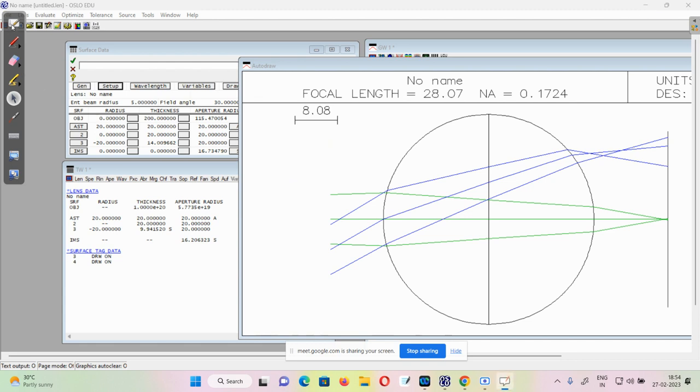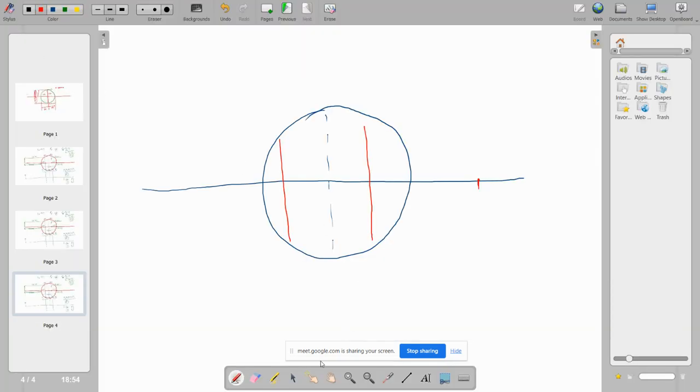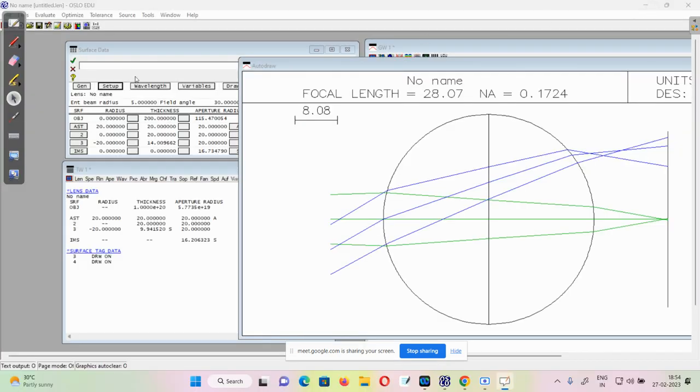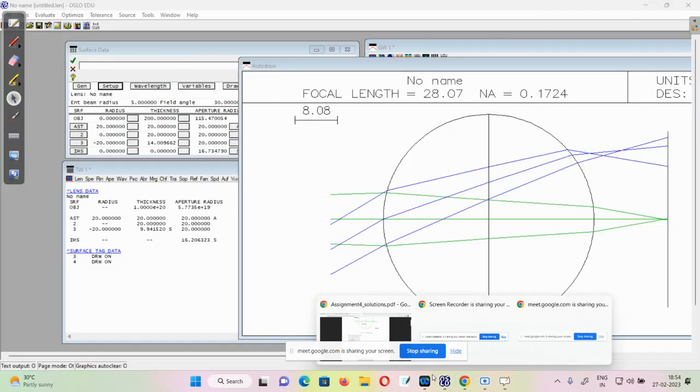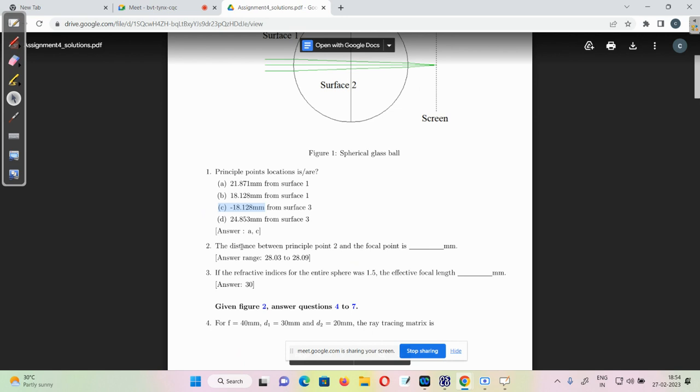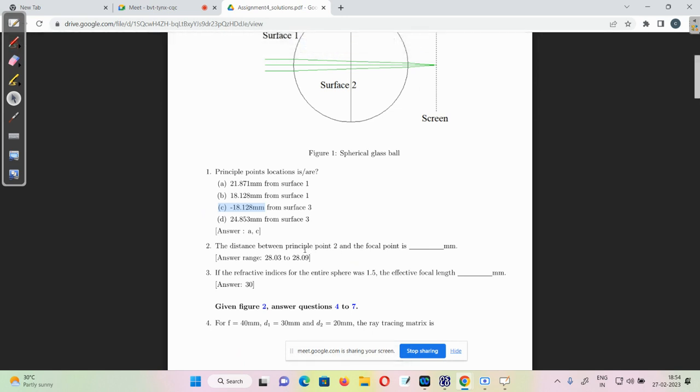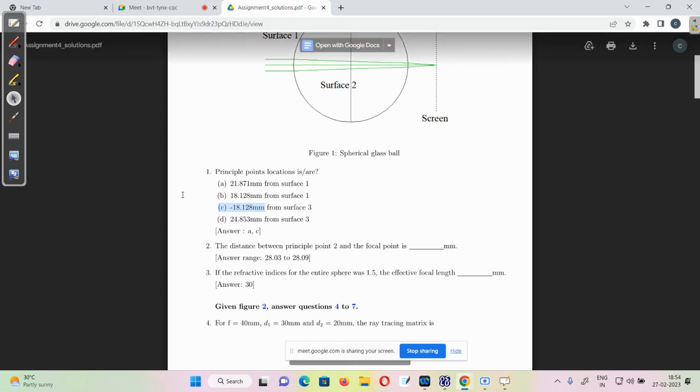Now the question is the distance between principal point 2 and the focal point. What is the distance called?